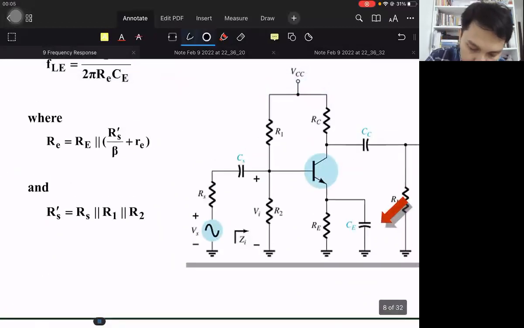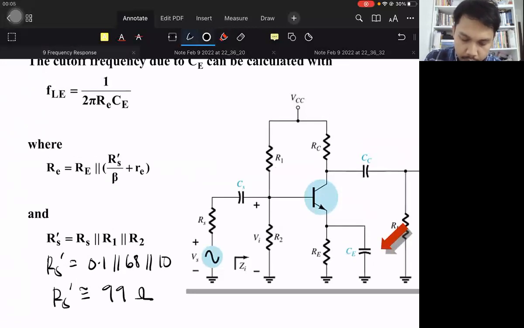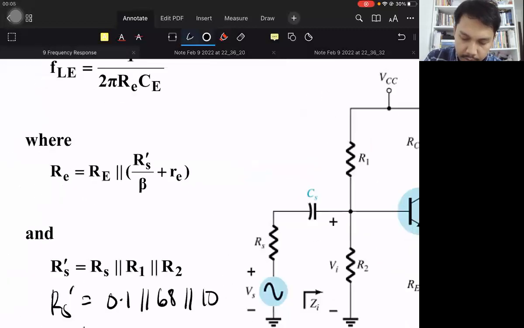So RS prime is 0.1 parallel 68 parallel 10, which is approximately equal to RS, about 99 ohms, divided by beta.